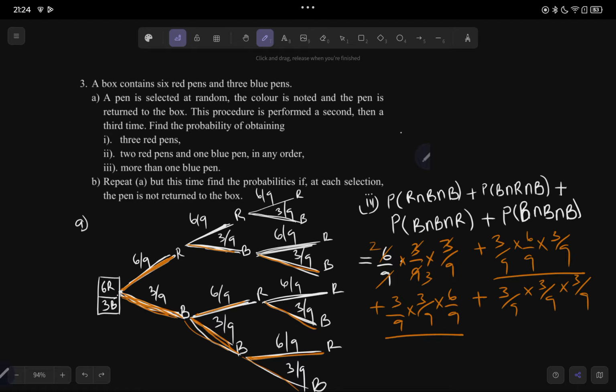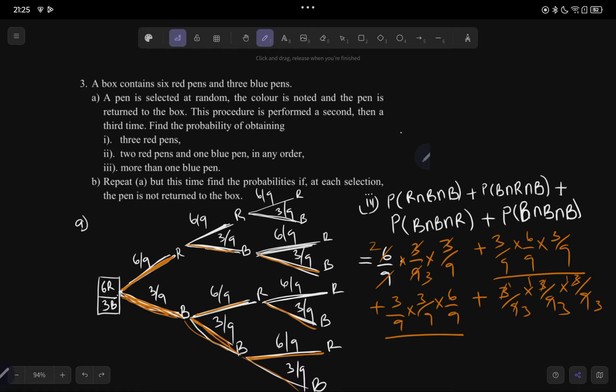So 2 out of 27 times 3. This 3 gives us 2 out of 9. This is a third, a third, a third.